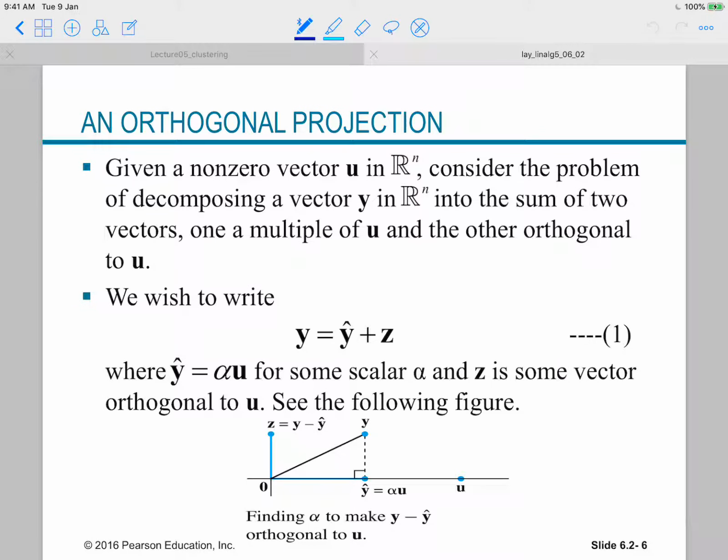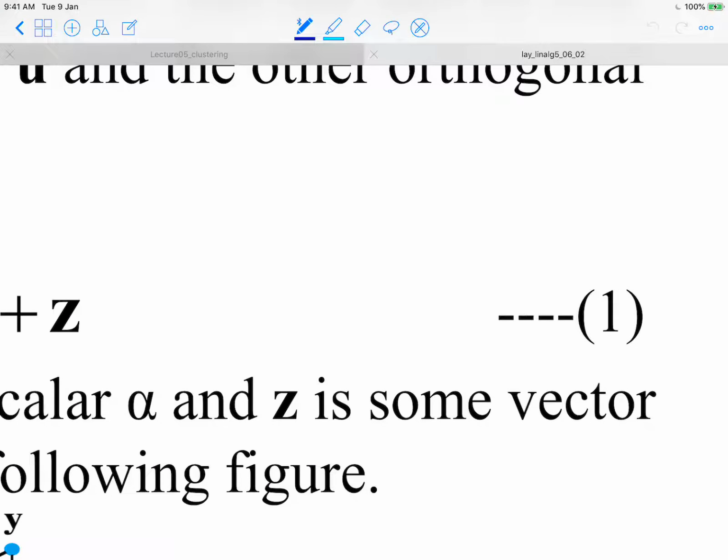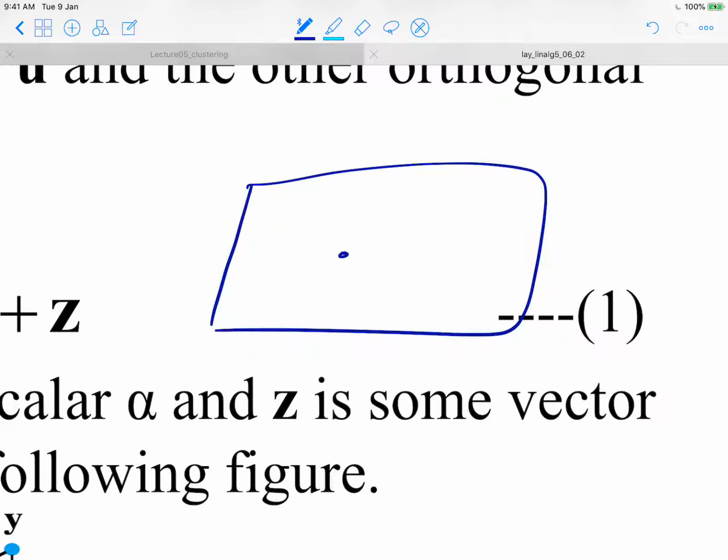So it's like this. This is an origin, and this is u1 and maybe u2, and maybe we have some y over here, which is clearly outside of our span, and then we can think of its orthogonal projection.